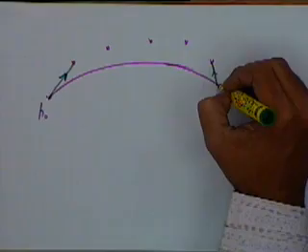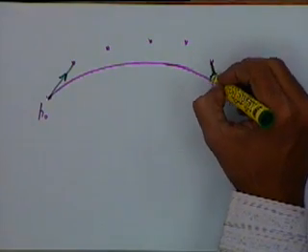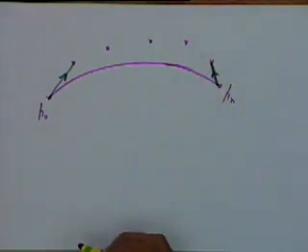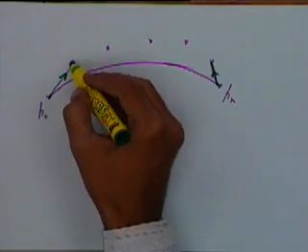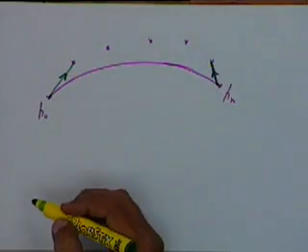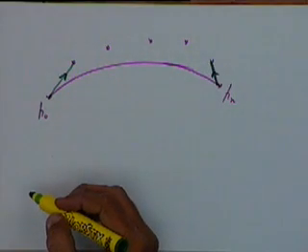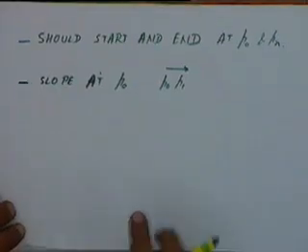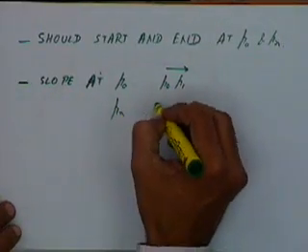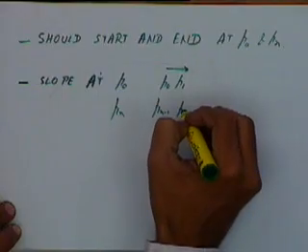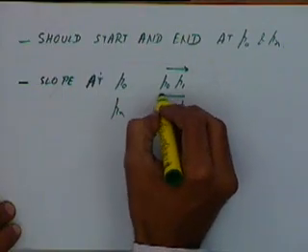I haven't drawn it properly, but anyway. At the starting point the slope should be in this direction, and at the end point the slope should be in this direction. So the slope at P0 should be this, and at Pn it should be given by Pn minus 1 to Pn.